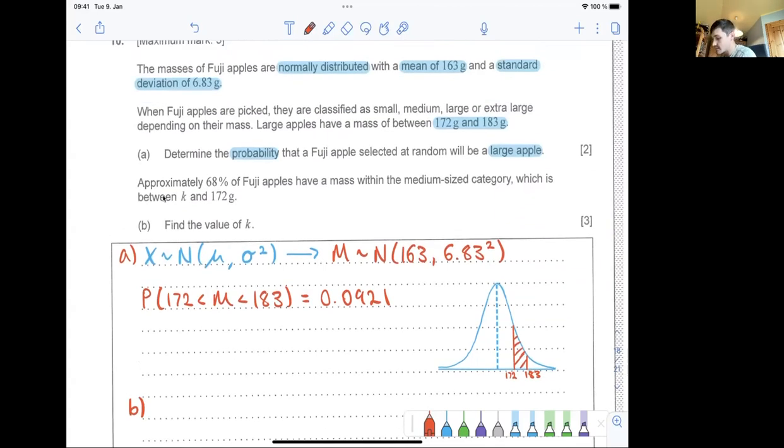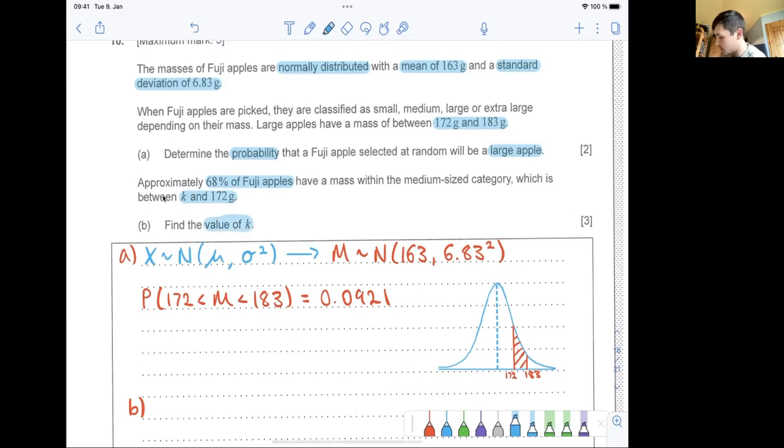Approximately 68% of Fuji apples have a mass within the medium size category, which is between K and 172 grams. We're asked to find the value of K. So 68% of Fuji apples have a weight between K and 172.